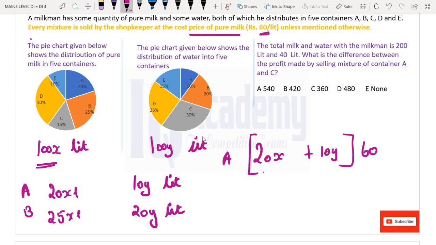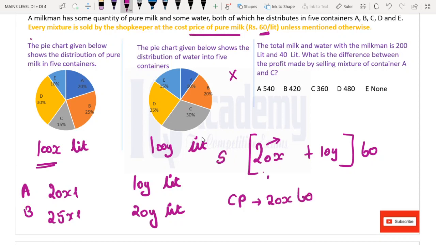The cost price for the mixture in container A is, remember one thing, water is always free of cost. Unless they mention some price for water, we should take it as free of cost. So for container A, he'll spend only for the milk. How many liters of milk is he having? 20x liters of milk. So the total cost price for container A is 20x into 60.